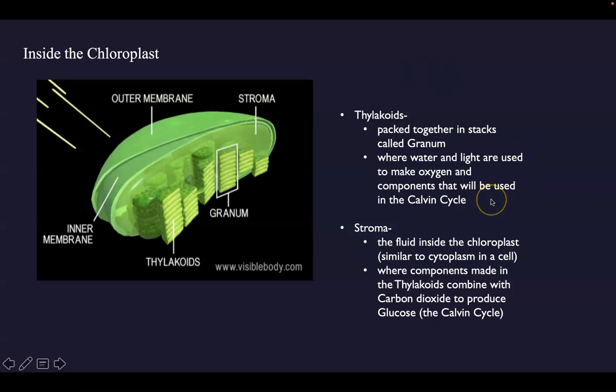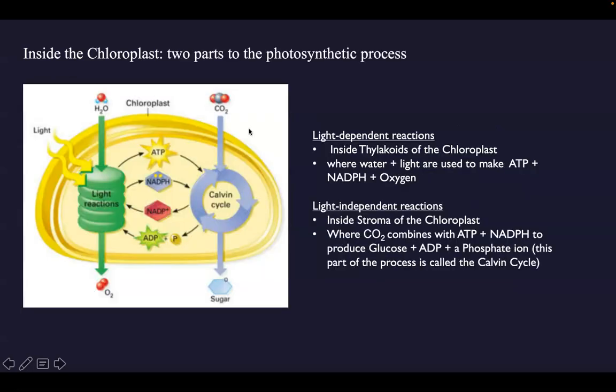So when we're talking about that process where we have light-independent reactions happening in the stroma, that's going to be the Calvin cycle. The Calvin cycle is what we're talking about for the part of the process that's taking CO2 along with the ATP and NADPH that has been made from our light reactions.